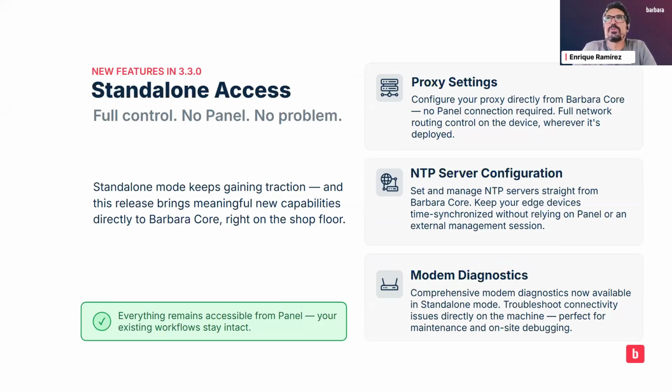It is very important when we are physically installing the devices. It is very common that we go to some place to put a device, and imagine I need to change some IP or the gateway or whatever, because I need to modify the communication of the device before connecting it to Panel.